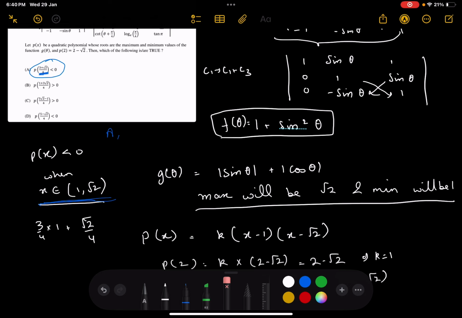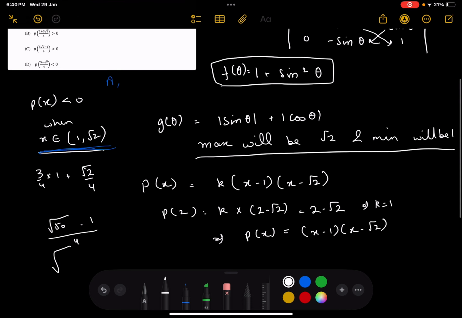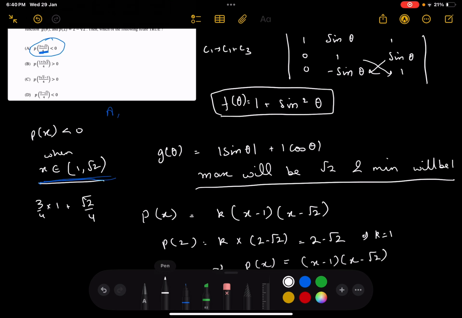The point 5 root 2 minus 1 by 4, in fact, divides the line segment 1 to root 2 externally in the ratio of 5:4. So option C is also correct.